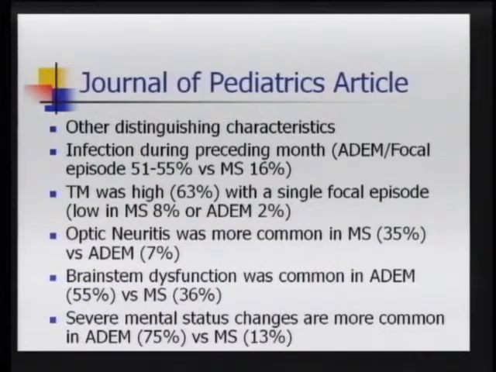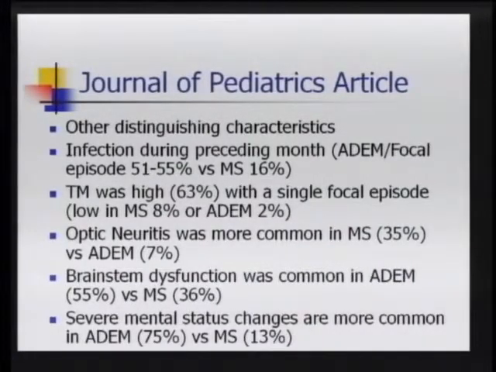Infections were much more prevalent in patients who either had ADEM or a focal episode of demyelination versus those that finally had pediatric MS. TM was higher in those with a single episode as opposed to being very, very low in MS or ADEM. And as one would expect, optic neuritis was much more common in patients with multiple sclerosis as opposed to ADEM.